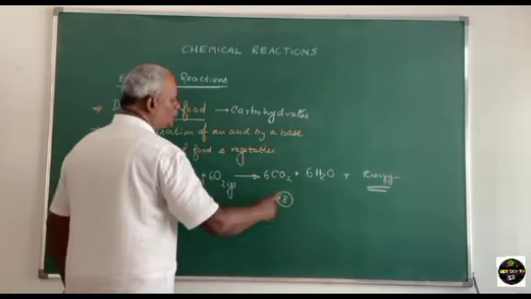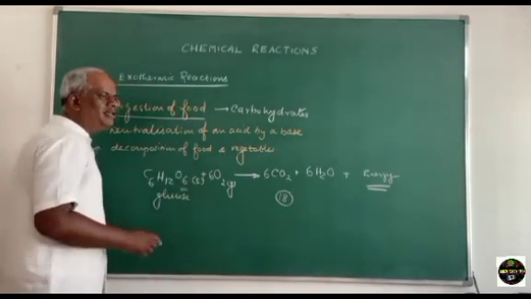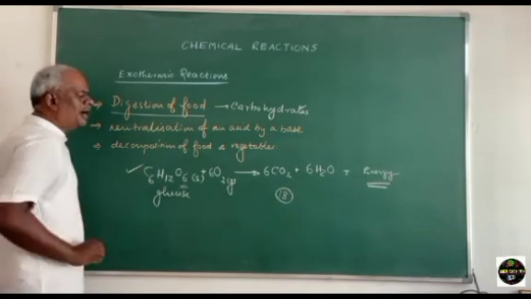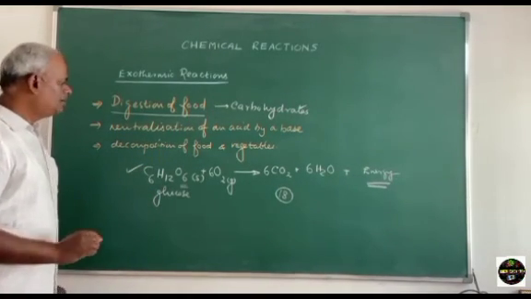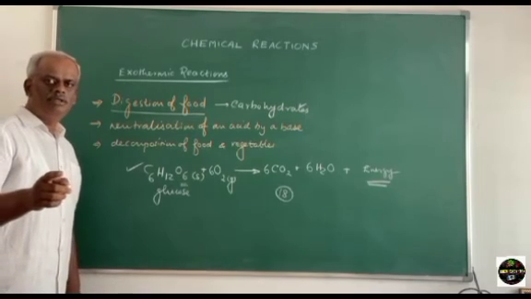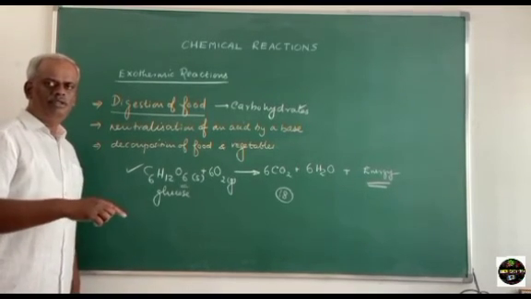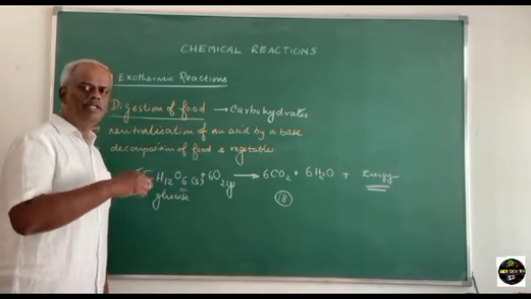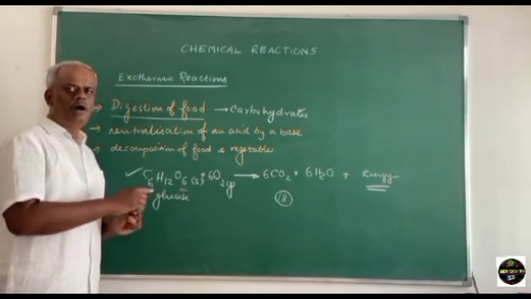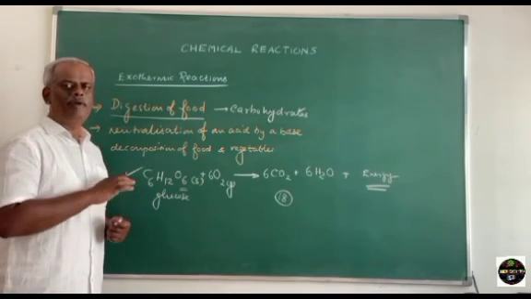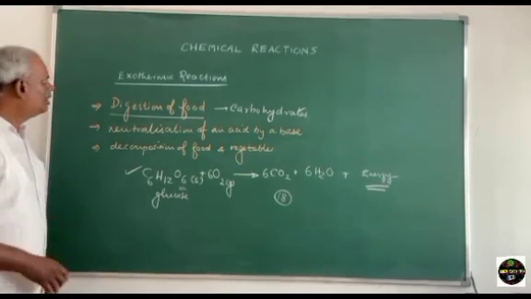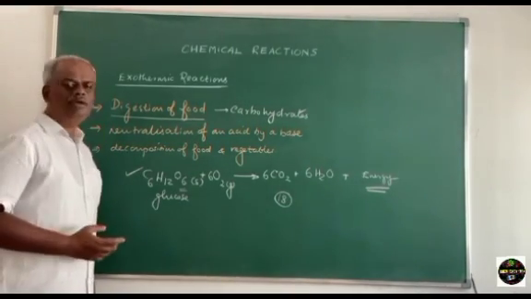On the other side also we are finding the same 18 oxygen atoms. So in this way the equation can be balanced. I repeat, any element in free state should be balanced finally. Before balancing that free state element, all other elements are to be properly balanced. Okay, so this is a simple example of an exothermic reaction.